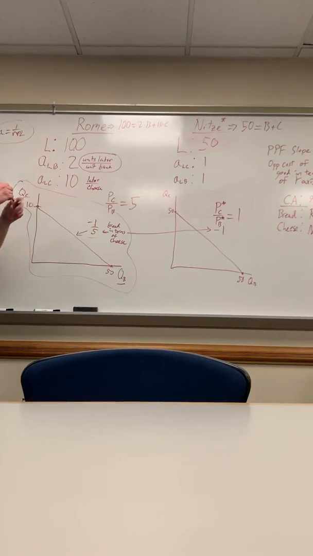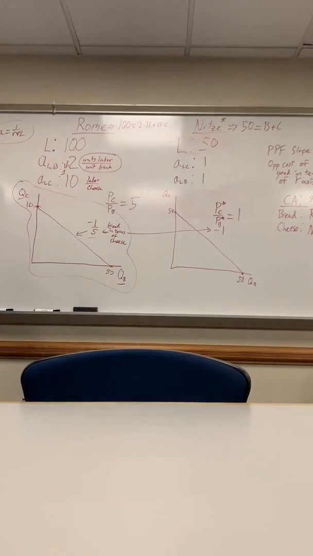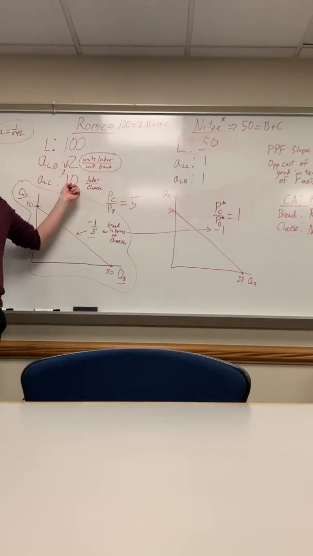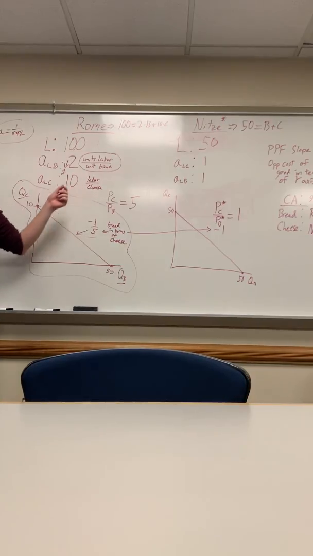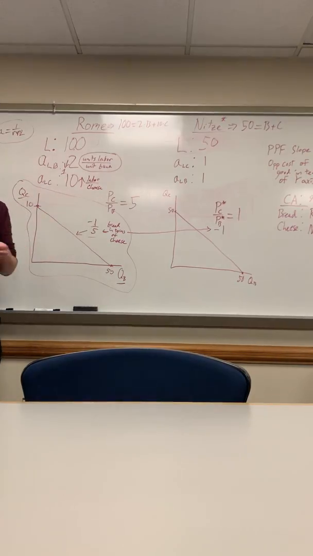So this goes down to 1. Or maybe half of Rome's cows die from mad cow disease. So now they have a lot less cows, and that essentially makes their labor productivity in their cheese sector decrease a lot. So this could go up. So those are really the only changes you can have.